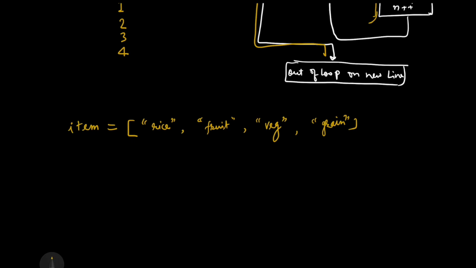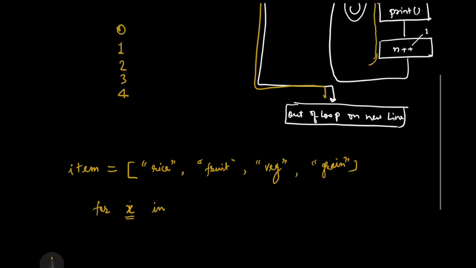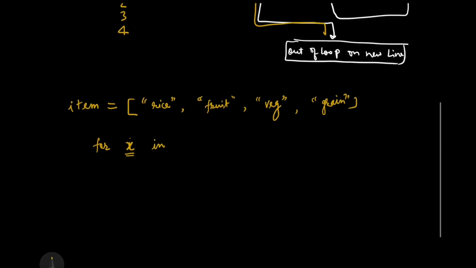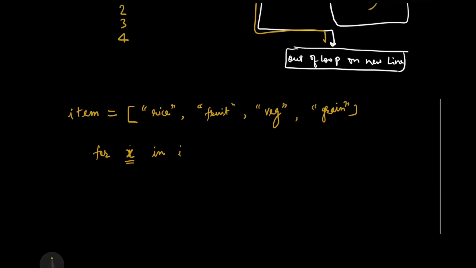So how will we apply the loop? For, and say variable, this time I'm selecting x. After that, as per the syntax, I'll write in, and instead of range I will write item now, and then colon. Now what will happen?